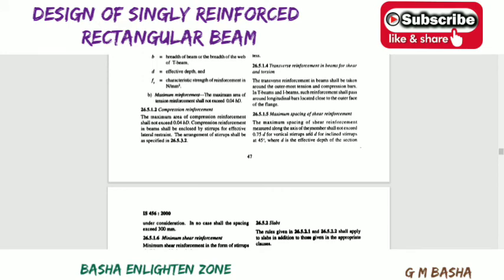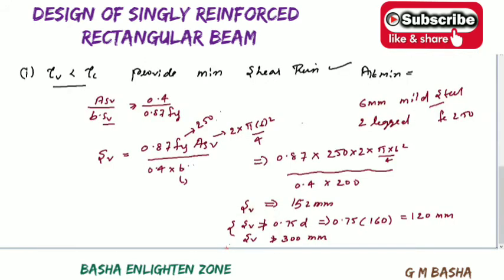The maximum spacing of shear reinforcement measured along the axis of the member shall not exceed 0.75 d for vertical stirrups and d for inclined stirrups at 45 degrees, where d is the effective depth of the section. Here we are talking about vertical stirrups, which is not greater than 0.75 d, and in no case shall the spacing exceed 300 mm. Those are the conditions I am taking here.